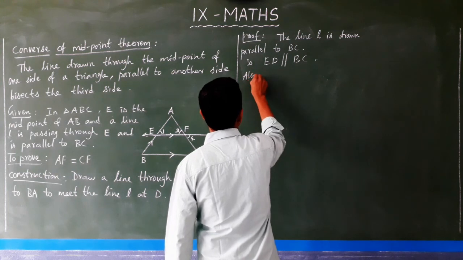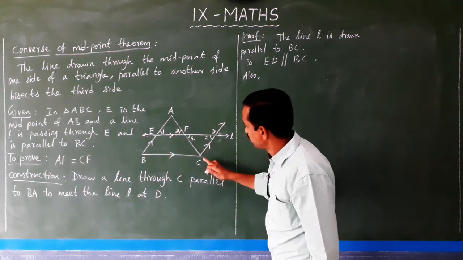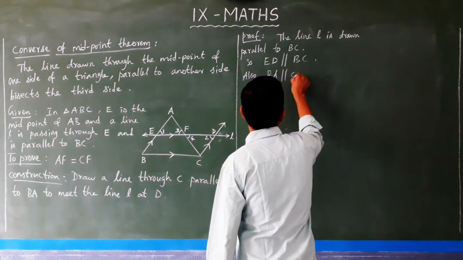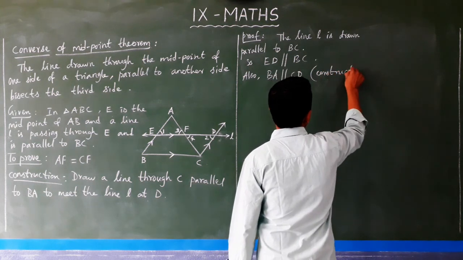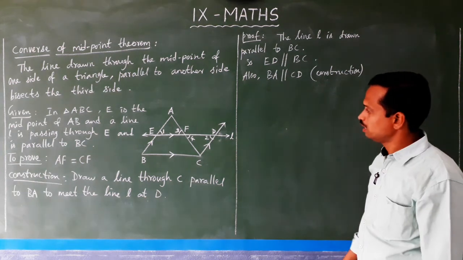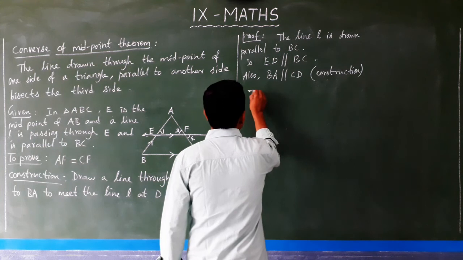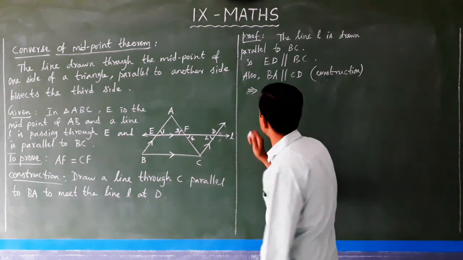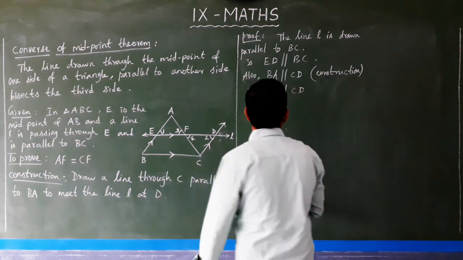Also, you see, BA is parallel to CD. The reason is by construction we have said that BA is parallel to CD. This implies BE is parallel to CD. You can write BE parallel to CD.